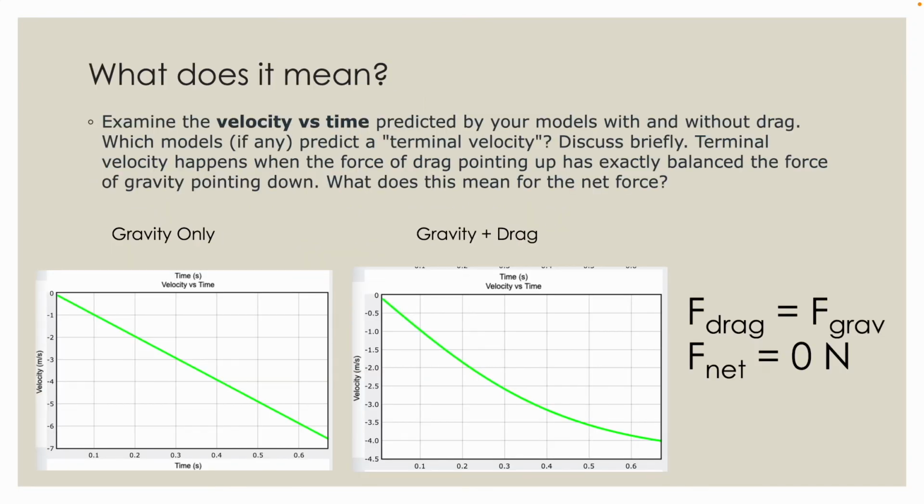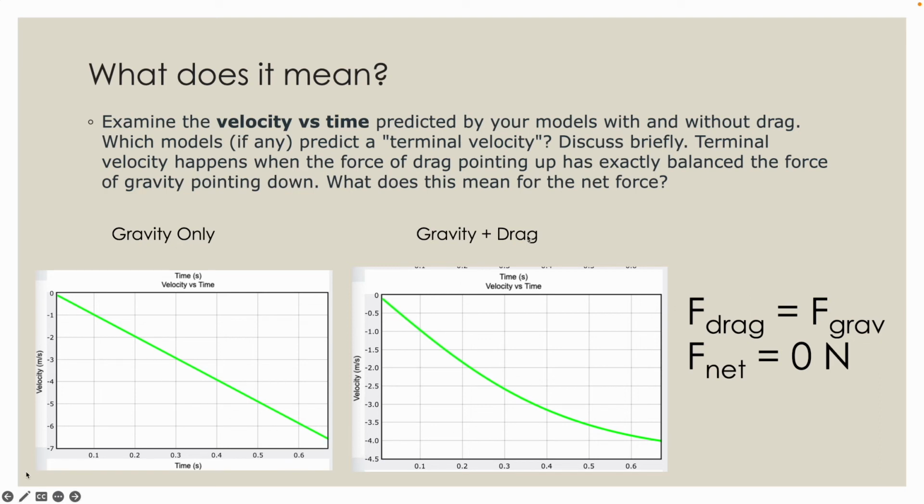Now let's talk about the terminal velocity predicted by the models. In the gravity-only model, there is no terminal velocity being predicted because velocity is changing at a constant rate. The slope stays the same throughout, so that would continue on as time goes on.